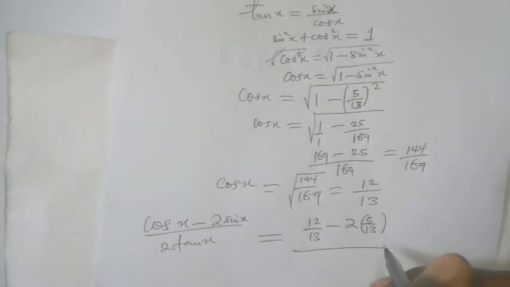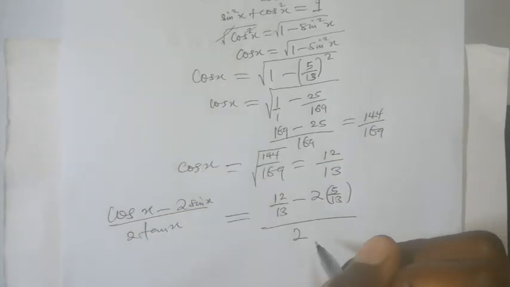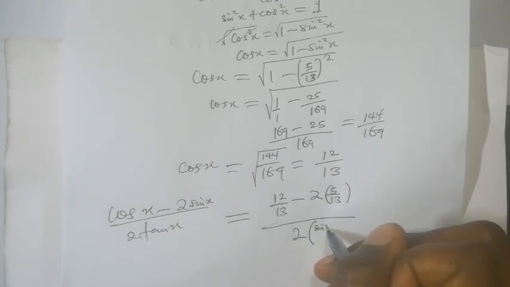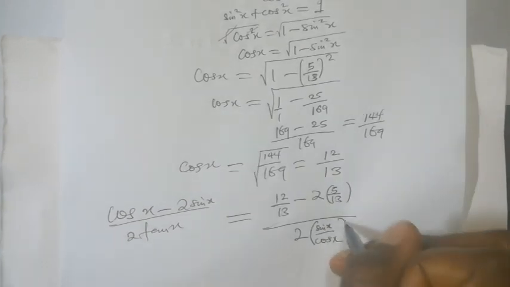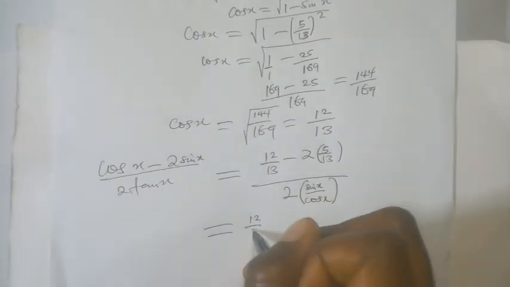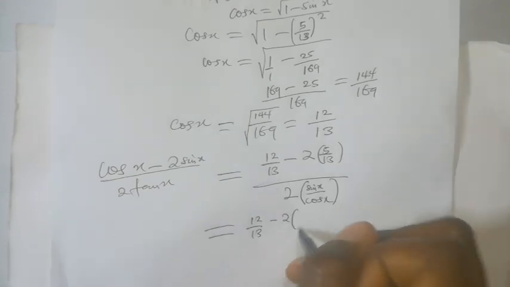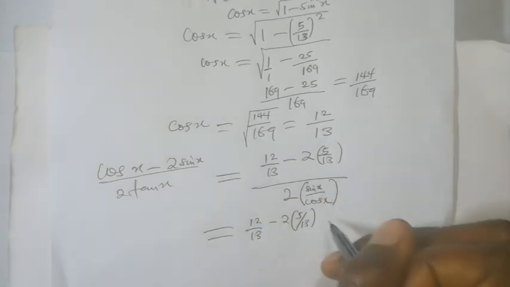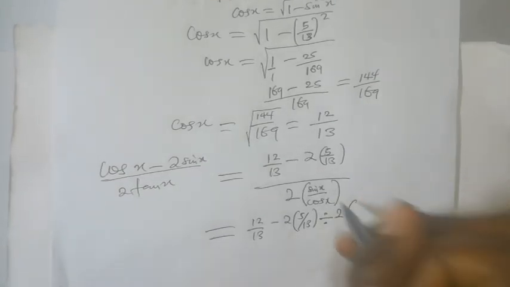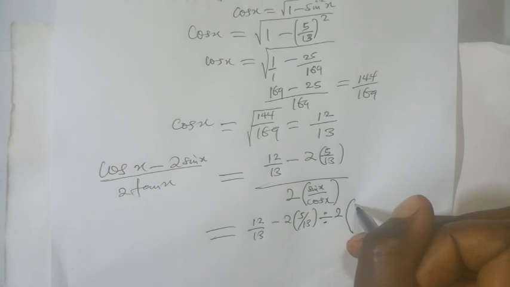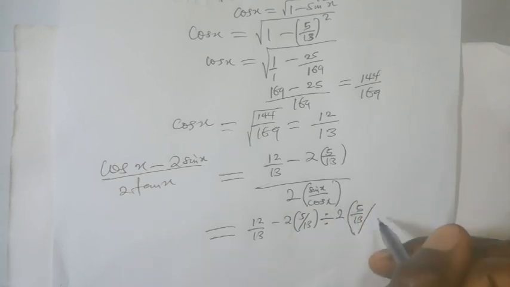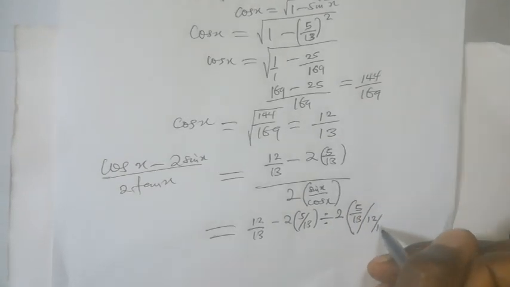We get it all over 2 tan x, but our tan x is sine x all over cos x. You get it? So in that case we now have 12 over 13 minus 2 bracket 5 over 13. Let me put it as a division. So we have 2 bracket sine x is 5 over 13, and our cos x is now 12 over 13.